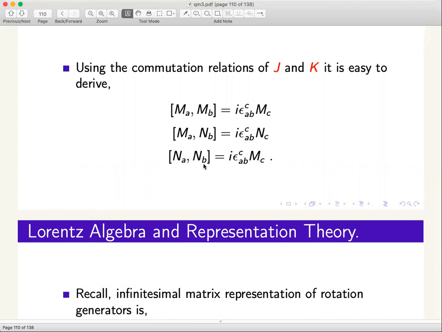Period. To put it differently, a rotation in 4 dimensions, so remember rotations are orthogonal transformations, right? Because those are the transformations which rotate the vector but leave the norm of the vector constant. So the algebra that we have written down here is an algebra of rotations in 4 dimensions, and it's called SO4.